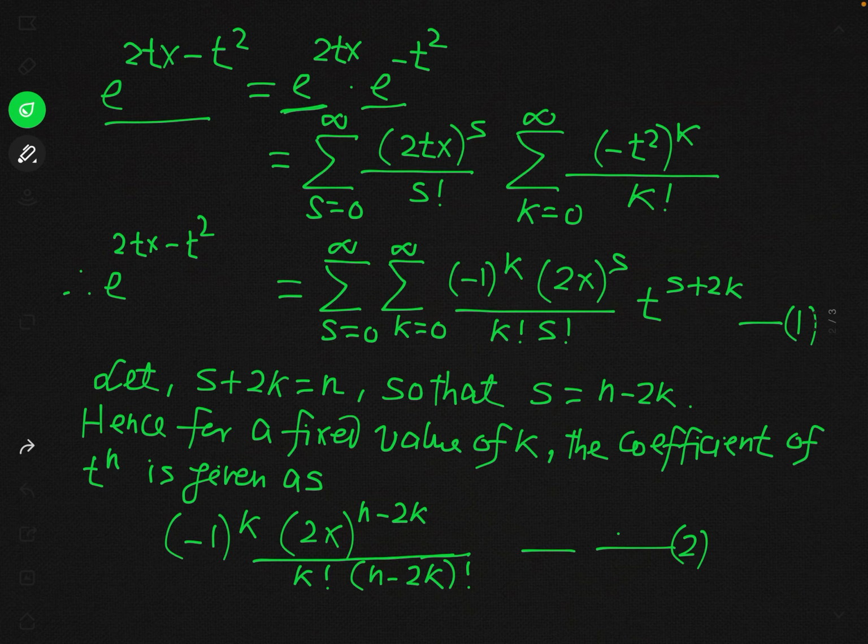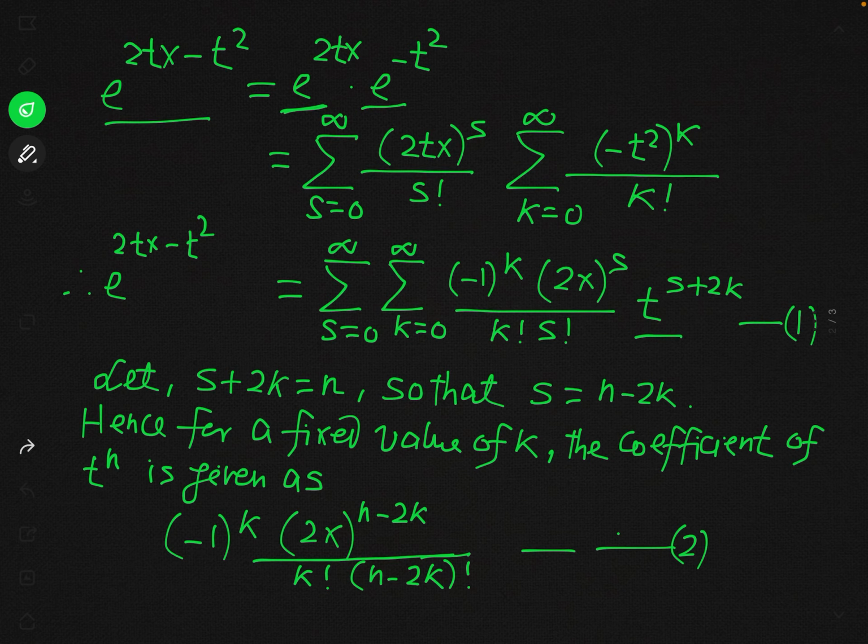Now you can see this expression may be written as e raised to the power 2tx minus t square equal to summation s 0 to infinity and summation k 0 to infinity, and due to this minus sign before t square you should write minus 1 raised to the power k, because this will be just an alternating series, times 2x raised to the power s over k factorial times s factorial into t raised to the power s plus 2k.